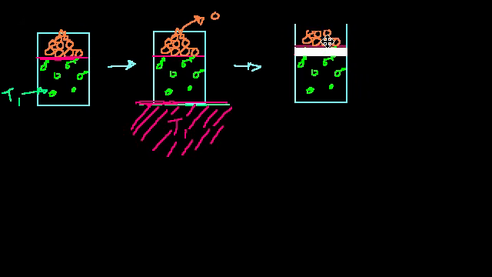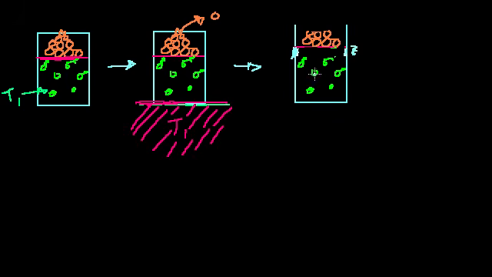So let me move this up a little bit, and then let me color this in just to give an idea. So our volume has gotten larger by roughly this amount.